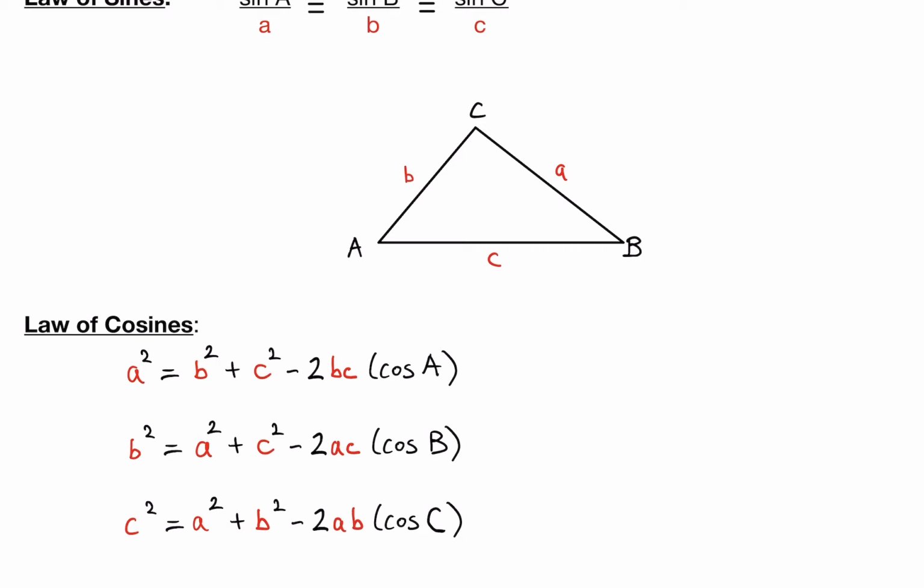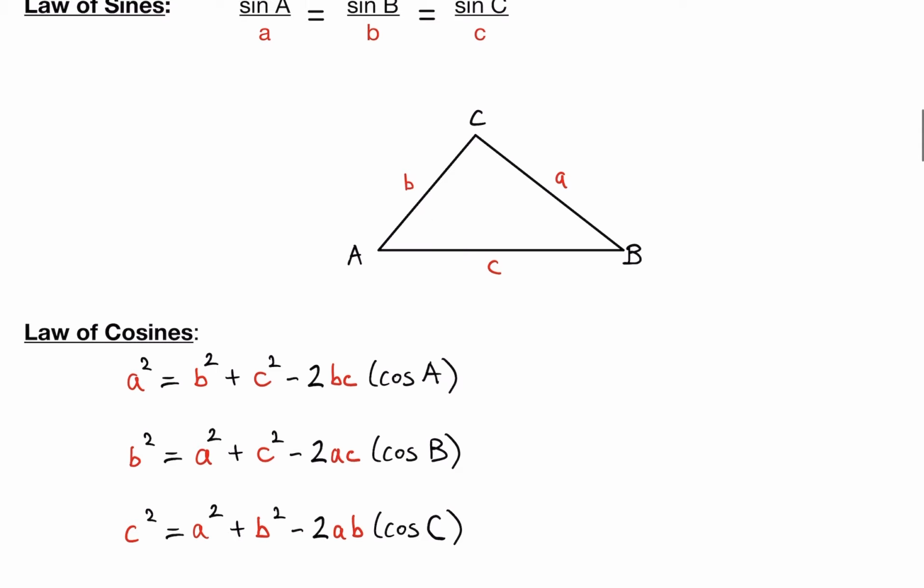What this is saying is that the ratio of the sine of this angle divided by the side opposite that angle is equal to the sine of this angle divided by the side opposite that angle, which is B. And that is also equal to the sine of this angle, angle C, divided by the side opposite that angle, which is C.